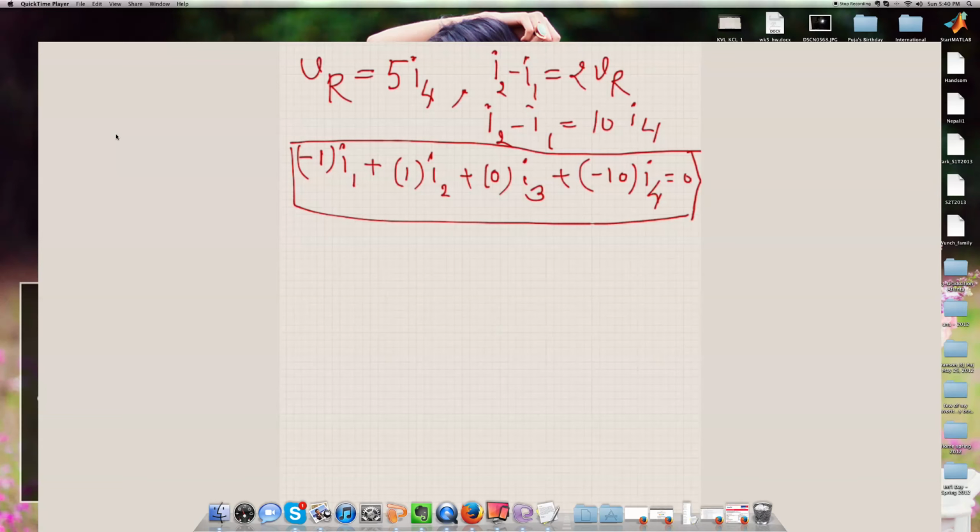Next, considering the super mesh of 1 and 2, so we will go down that bigger loop. What we encounter is KVL around the super mesh 1 and 2, we get minus Vs plus the voltage across the inductor.